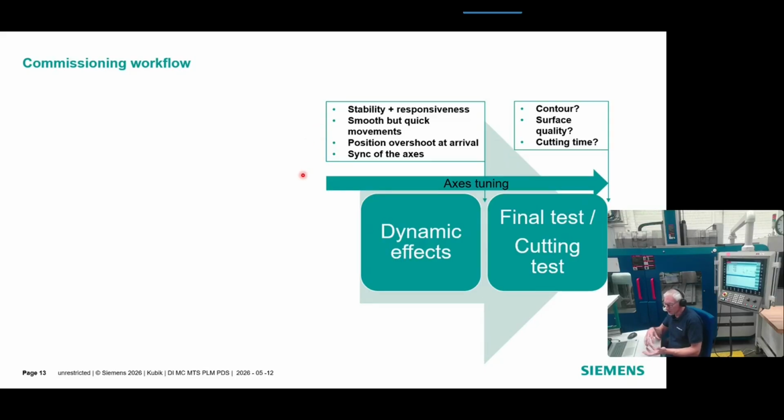That means you need to sync the axes so that you actually get the wanted contour and the accuracy you require. So these are the questions for our tuning application. And finally, you will check some of these requirements on your test part, and maybe you have to come back and do some fine adjustments.